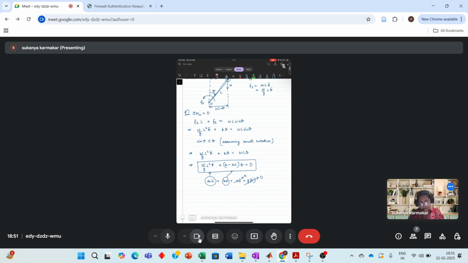So what do you see in this question? That k minus WL is the effective stiffness of the system. What will happen when k is equal to WL? Any guesses? No stiffness. Yes. No stiffness means this body cannot have this motion.